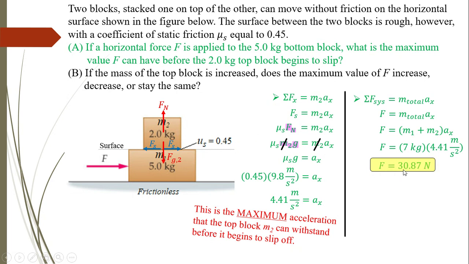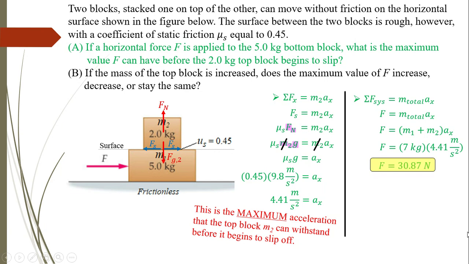Because if this F is greater than, let's say, 31, what if F is 32 or 40 or 50? Pushing the bottom block would cause the bottom block to accelerate faster, but there's not enough friction to hold the top block relative to the bottom block, so it will eventually fall off.